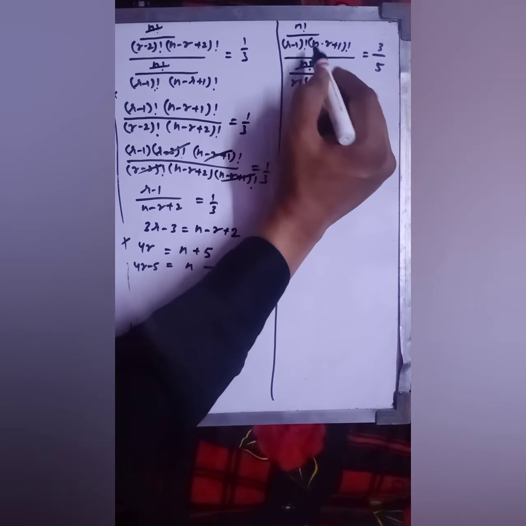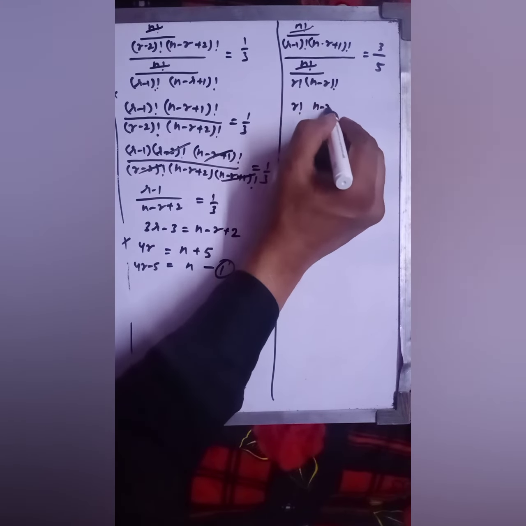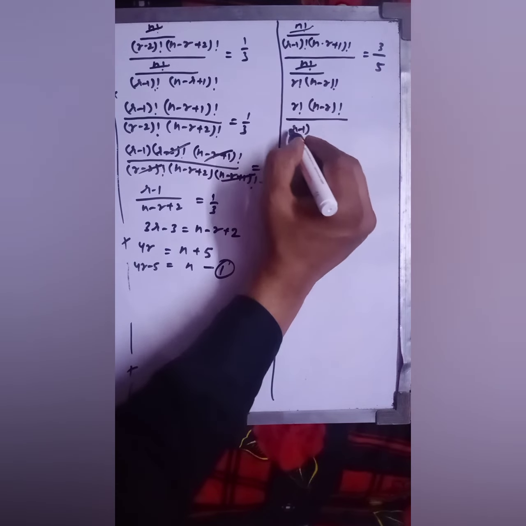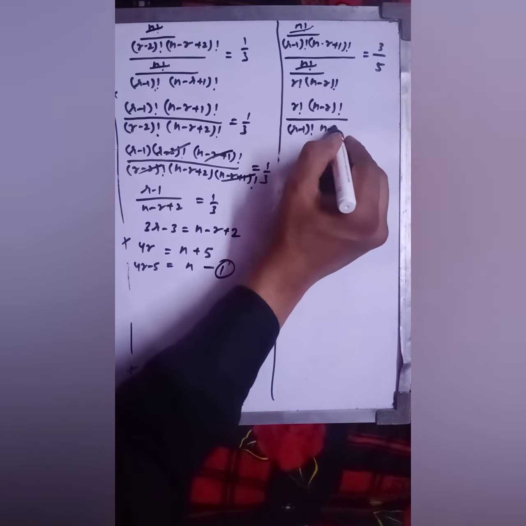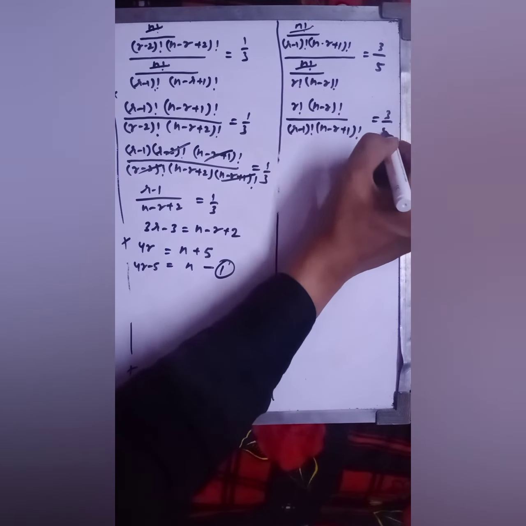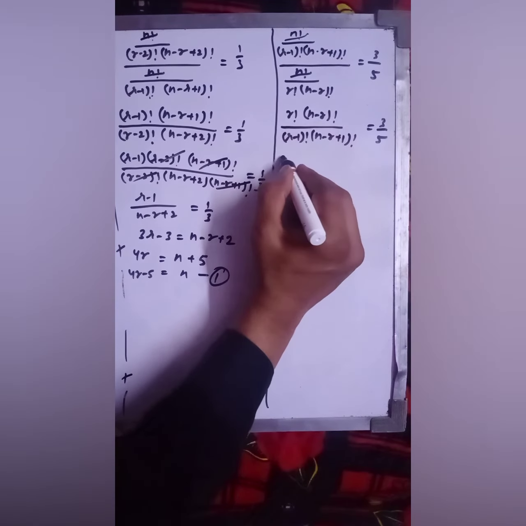So here as you can see, n factorial will cancel out and r factorial n minus r factorial will come over r minus 1 factorial n minus r plus 1 factorial will come, that is equals to 3 by 5. Okay, so this is r.